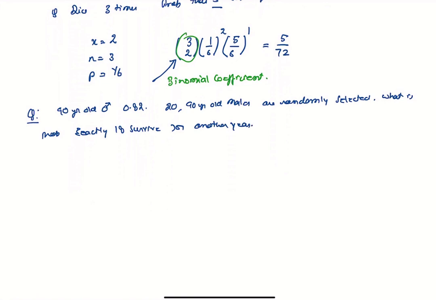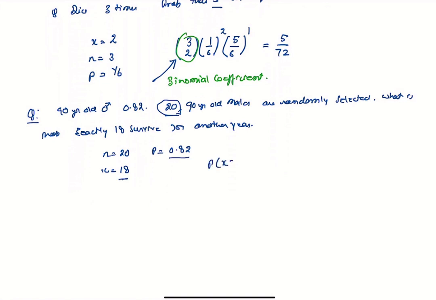So if you think of this as a Bernoulli random distribution, because what we are looking for is a success, which is the survival, then n here is 20, x is 18, and the probability is 0.82. 18 successes out of 20. 20 Bernoulli trials we are doing, and the probability of success of each trial is 0.82, and there are x successes we are looking for.